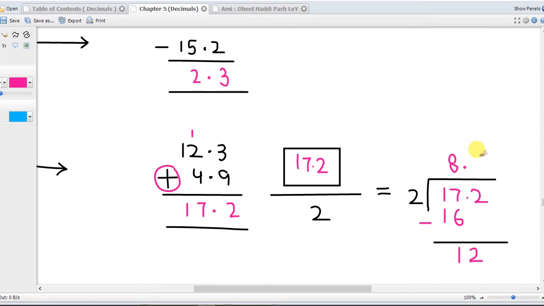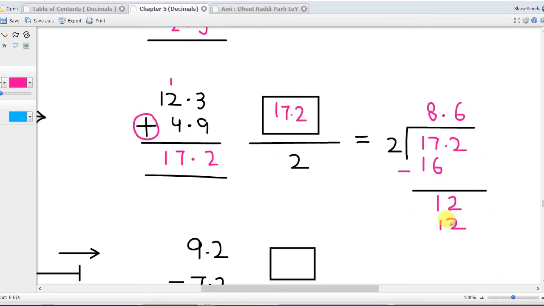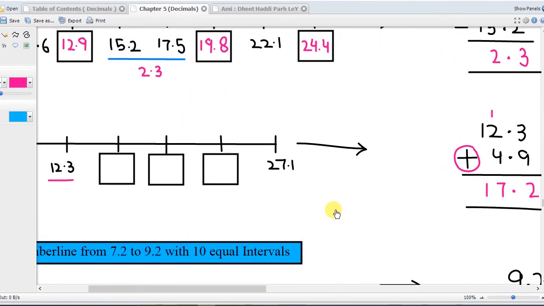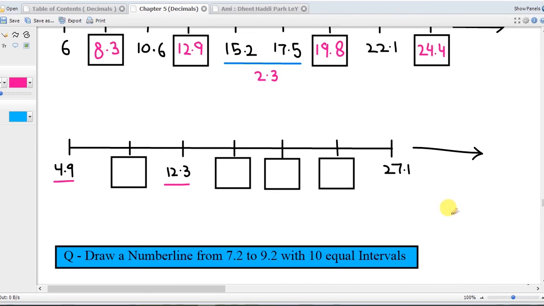So 6 times 2 is 12. Now simply take away these two numbers, so the remainder we are getting is 0. So the answer we are getting here is 8.6.